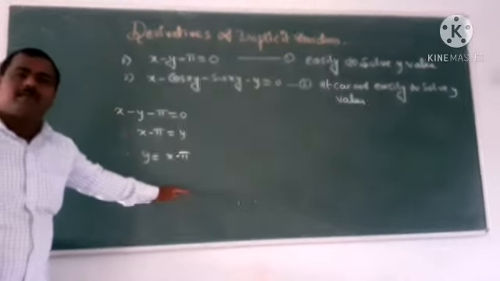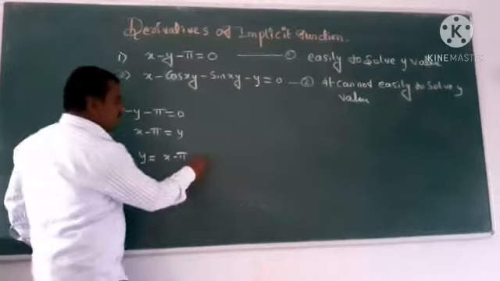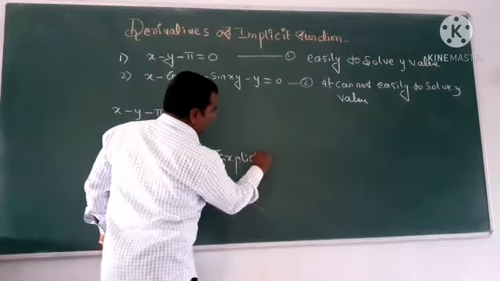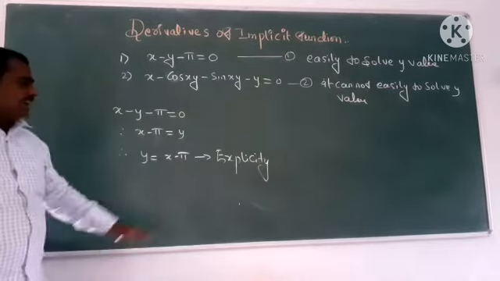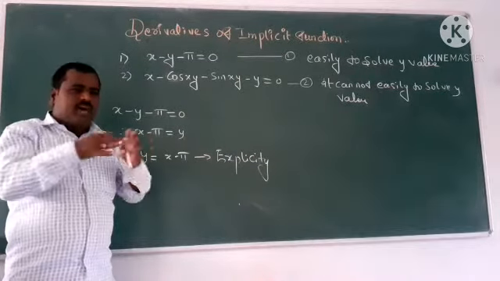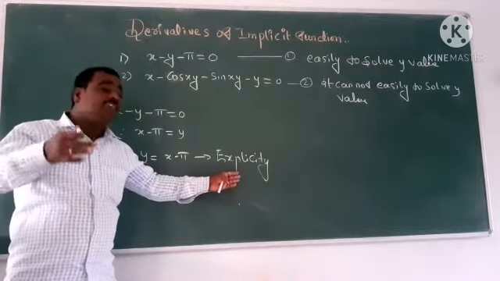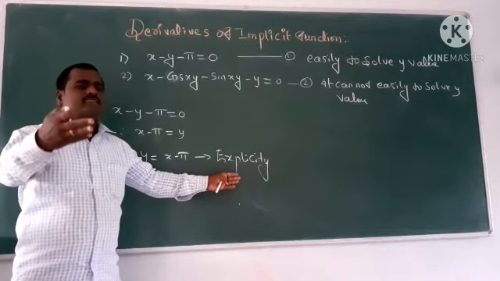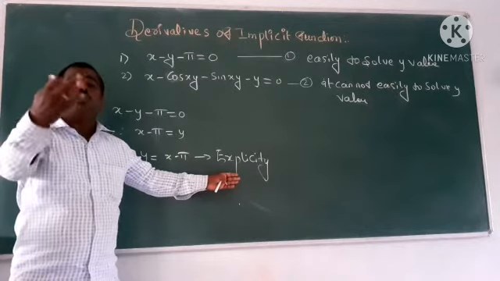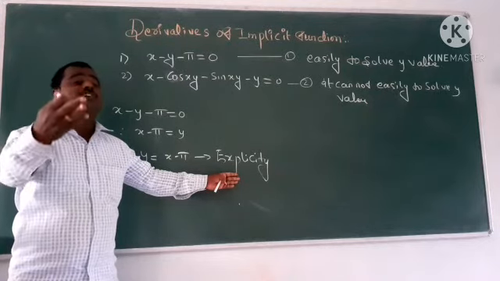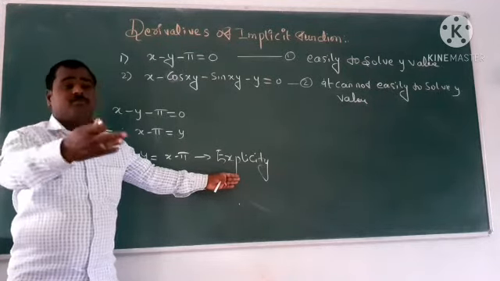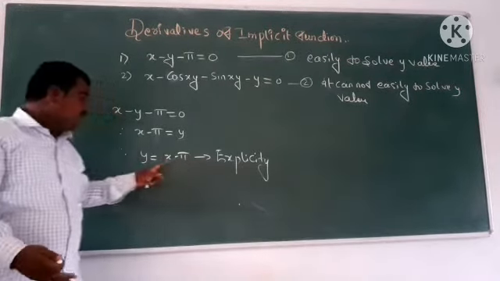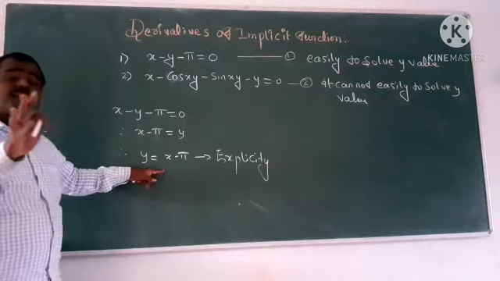That is called explicit. Remember, when they have given one simple equation, we can easily find the value of y. Just as velocity is the rate of change of some value, that simple statement is there.